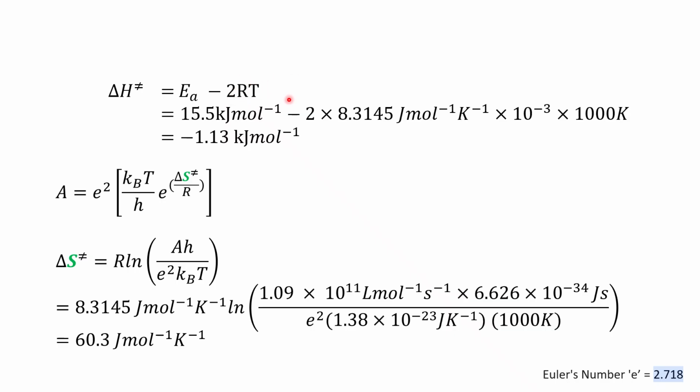We can substitute both values into the expression and we will be able to find the correct answer. Throughout the solution, we have to make sure that the units are consistent. So we can convert the activation energy to joules per mole, or the RT to kilojoules per mole.